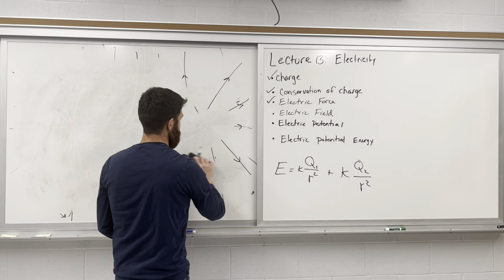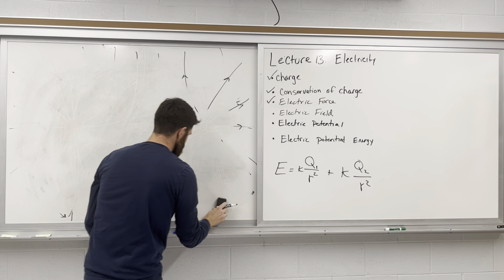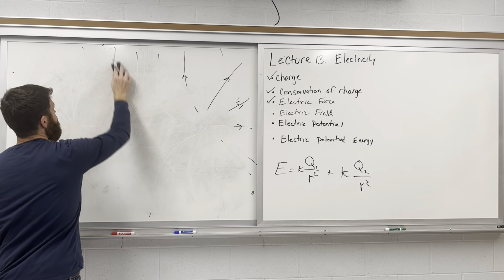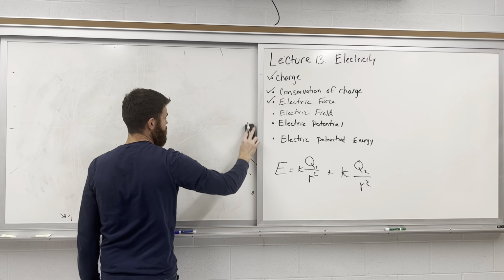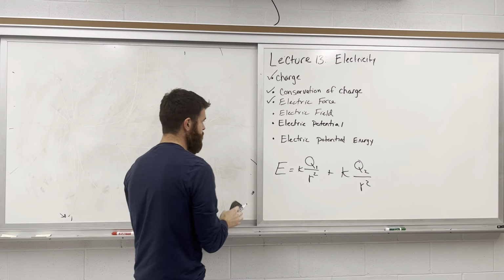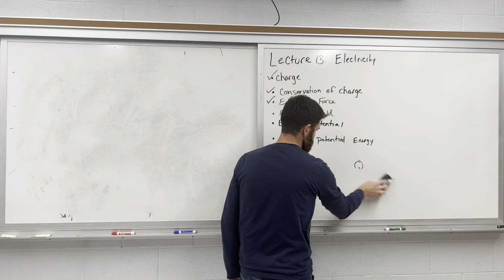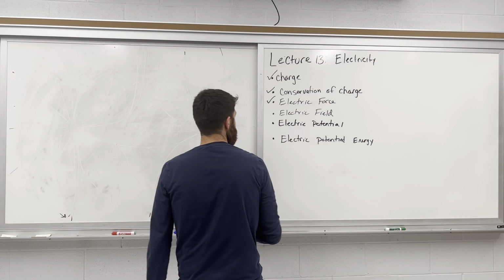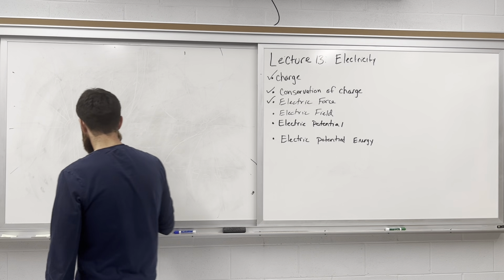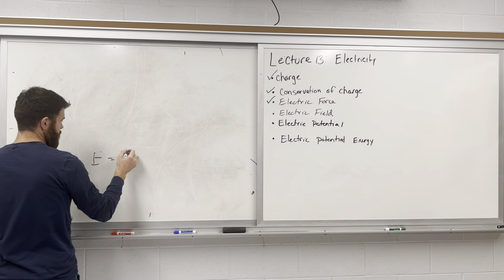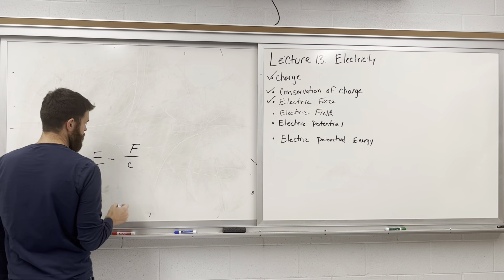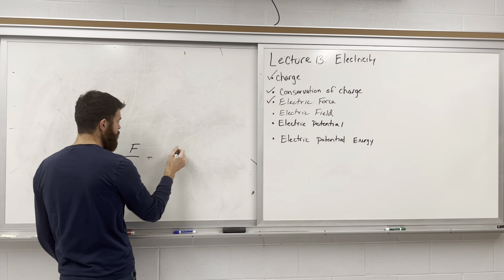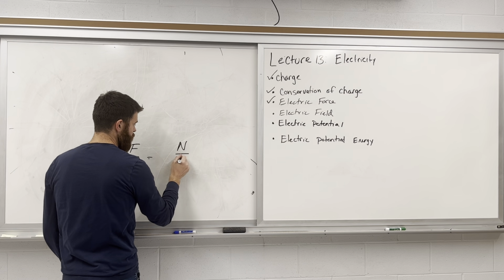Okay, so the field is equal to the force that the charge or charges exert on a test charge divided by that test charge itself. And so, because the electric field is the force divided by the test charge, the units of electric field are newtons per coulomb.